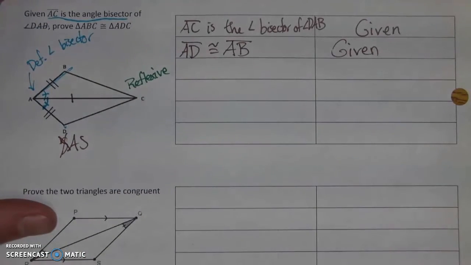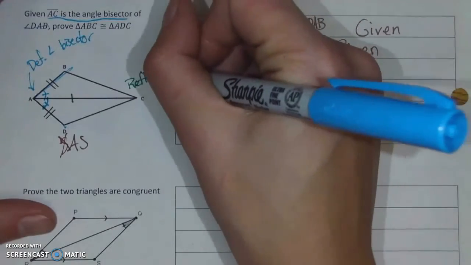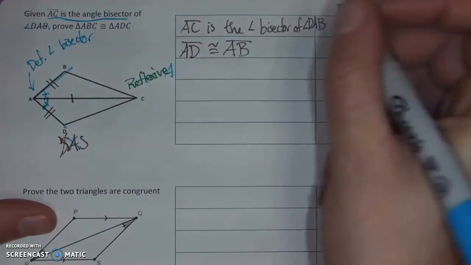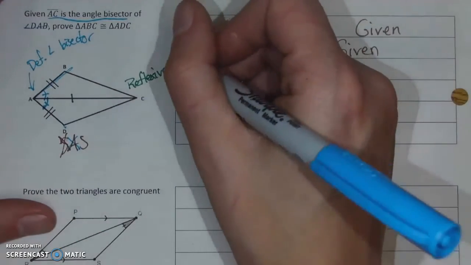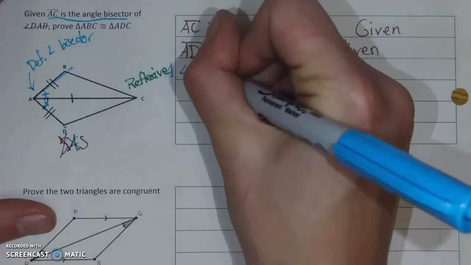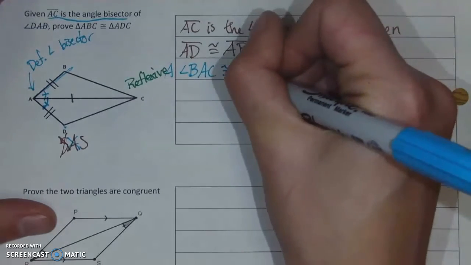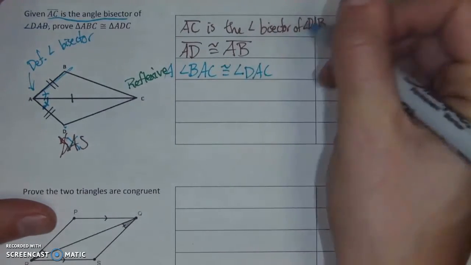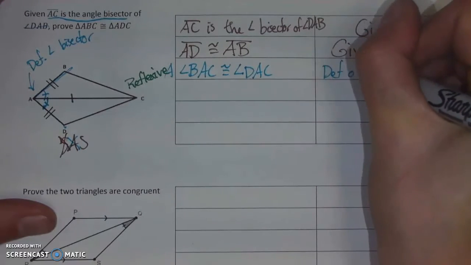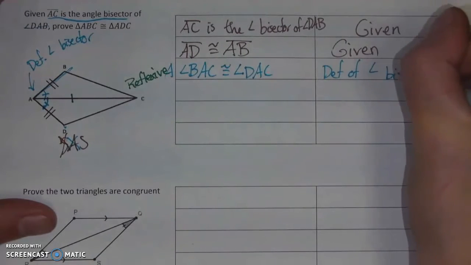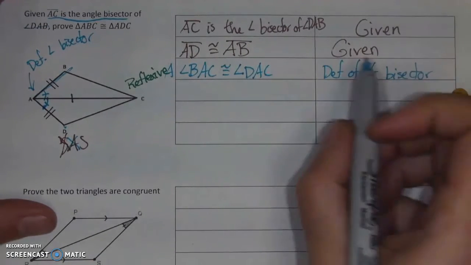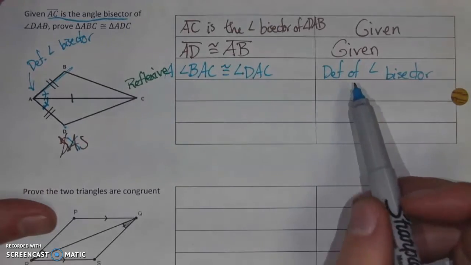When I move on to angles, well, I knew that my angles were congruent because of the definition of angle bisector. So angle BAC is congruent to angle DAC according to the definition of angle bisector, which I know I can write out because I've already mentioned it is an angle bisector.